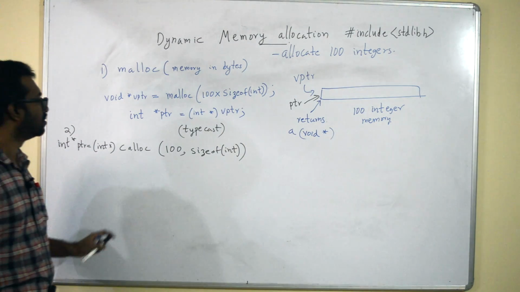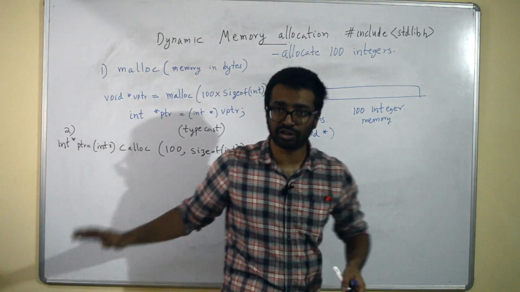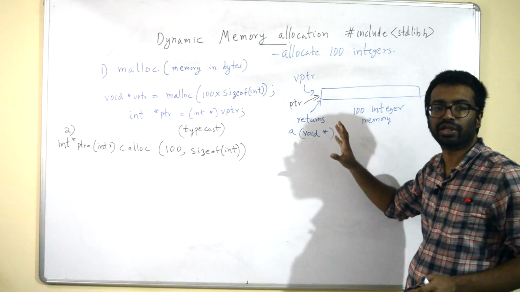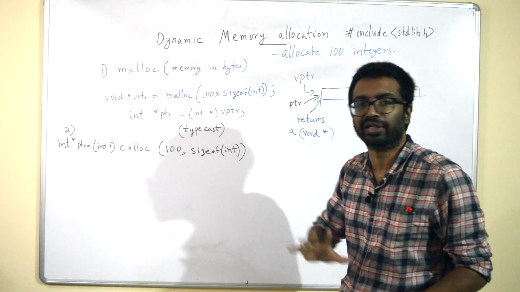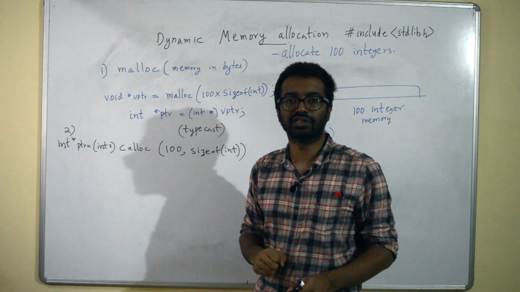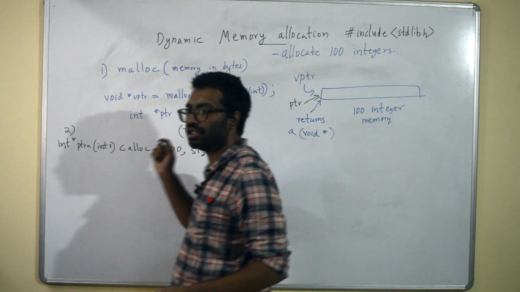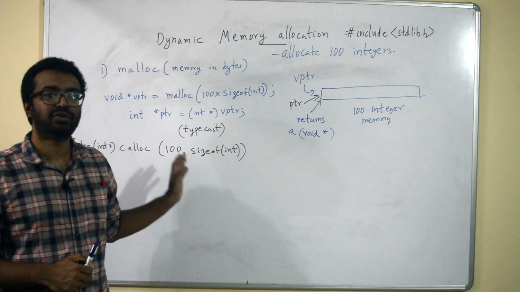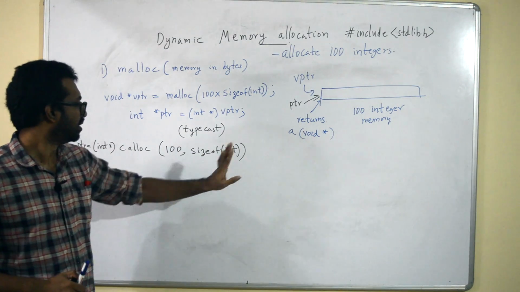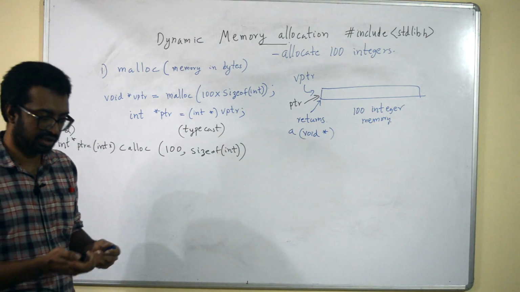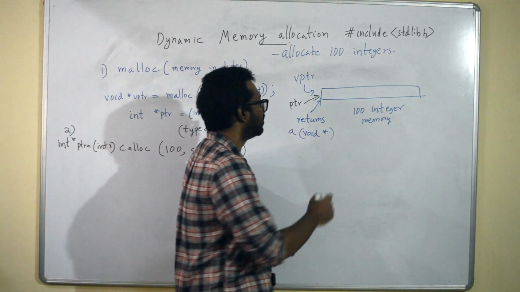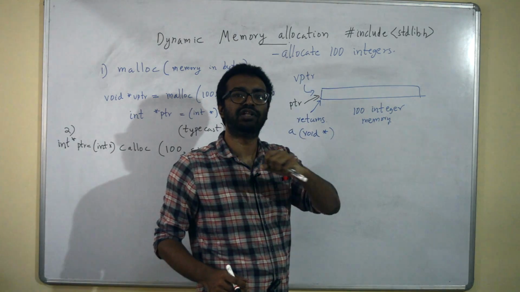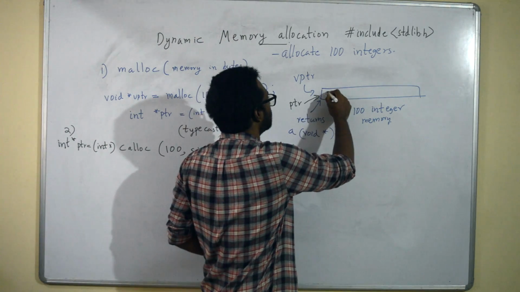Now, both malloc and calloc basically allocate you the same amount of memory. But then what is the difference? The difference is the following. Whenever you use calloc, it does one more thing. Once it allocates this memory, for all the memory locations, it goes and fills in the value 0.